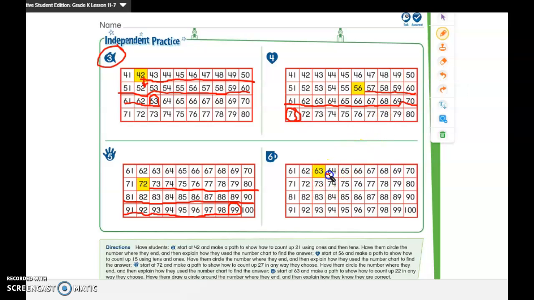So here we go. 1, 2, 3, 4, 5, 6, 7, 8, 9, 10, 11, 12, 13, 14, 15, 16, 17, 18, 19, 20, 21, 22.